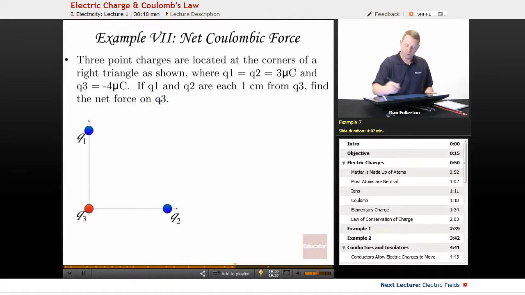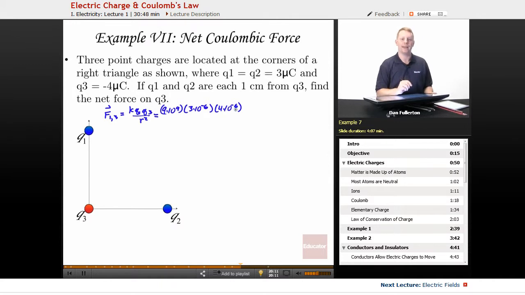All right, well, let's start by looking at the force of 1 on 3. We'll call that F1,3, and that's going to be equal to K Q1 Q3 over r squared, which is 9 times 10 to the 9th newton meters squared per coulomb squared, times our charge on Q1, 3 times 10 to the minus 6 coulombs, times Q3, which we said was minus 4 times 10 to the minus 6 coulombs.